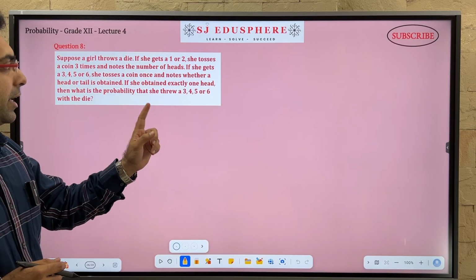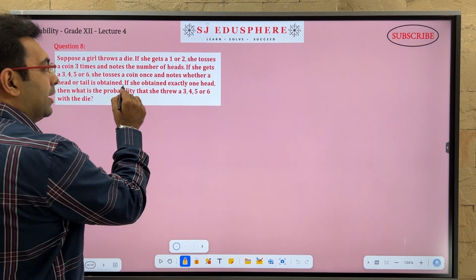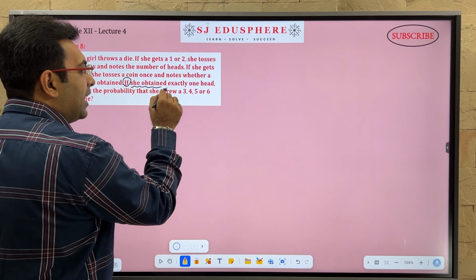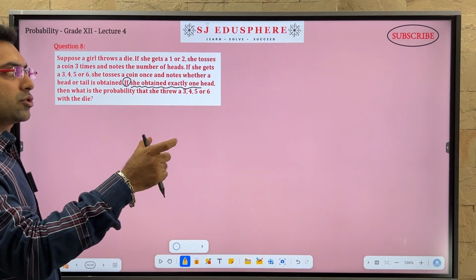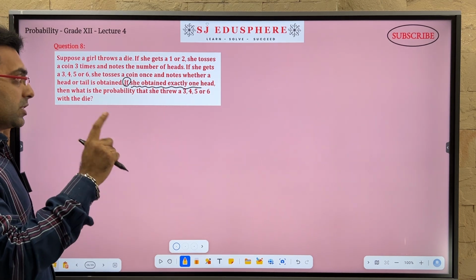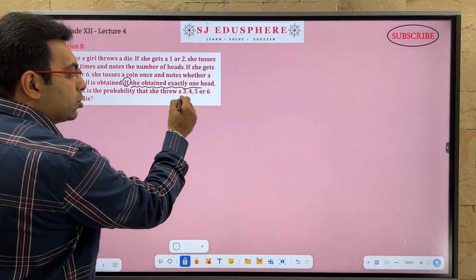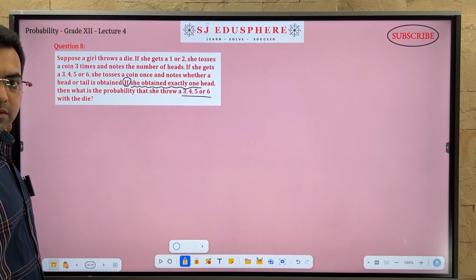If she obtained exactly 1 head, it means given that she got only 1 head, your required aim is to get 1 head. What is the probability that she threw 3, 4, 5, 6?